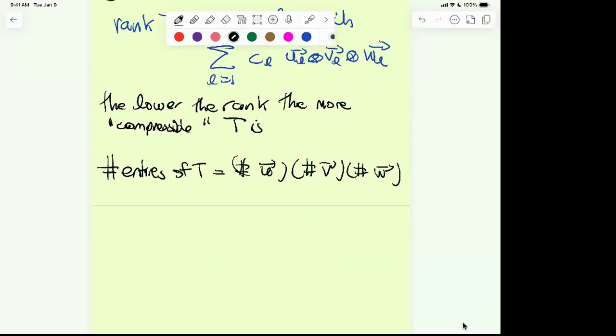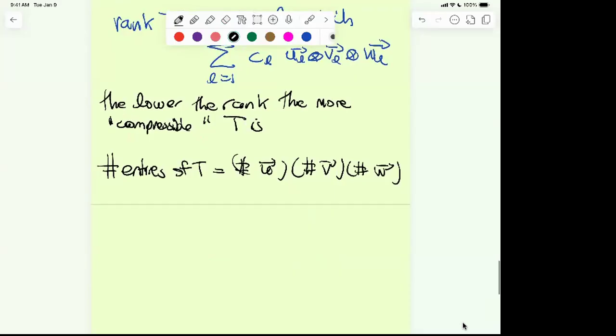Well, just to be clear, here's a very simple perspective.